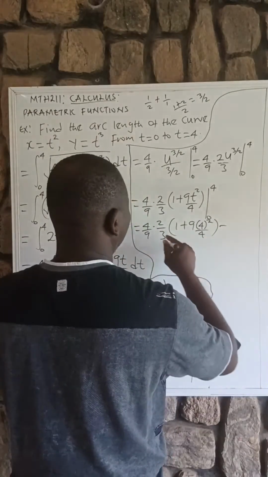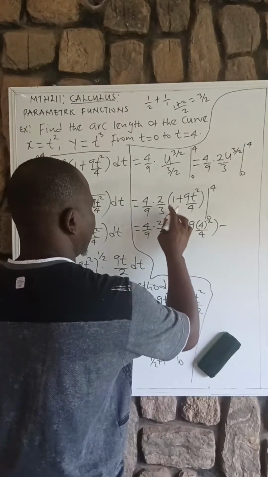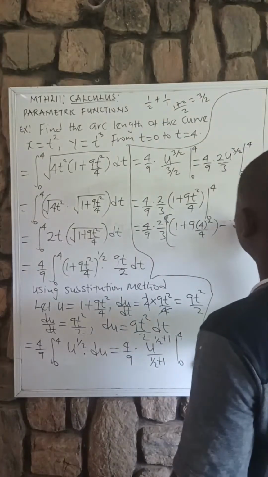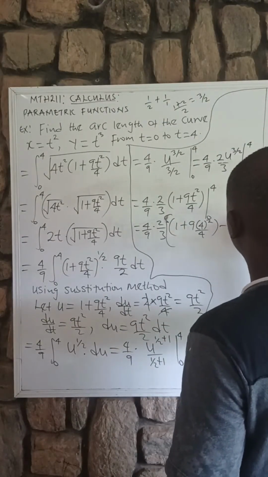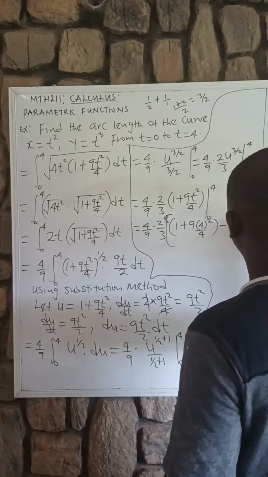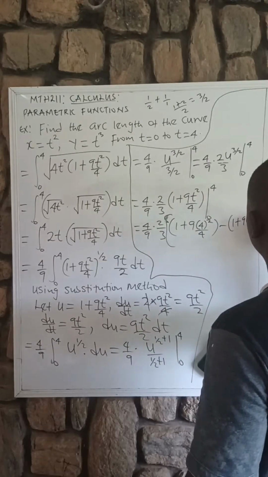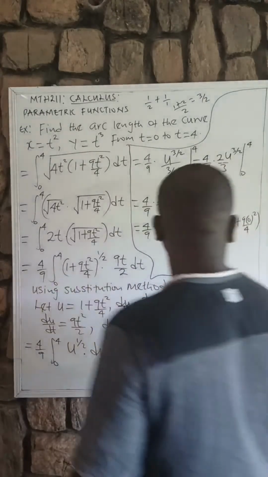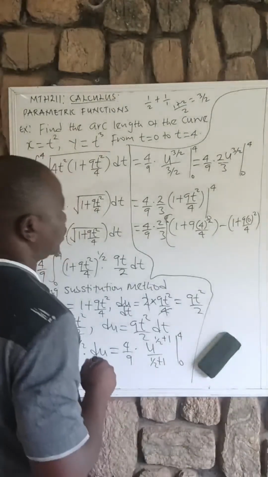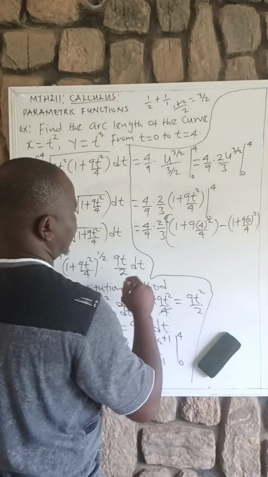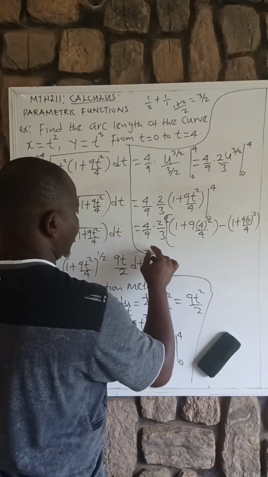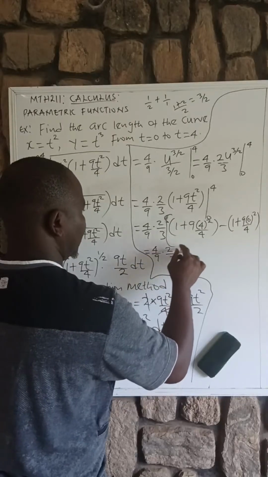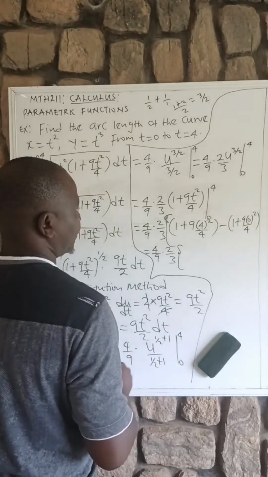Then minus the lower limit, that is open bracket 1 plus 9 open bracket 0. Anywhere you see t is 0 raised to power 2 over 4 all in. So if you can see what I am saying, here we have 4 over 9 times 2 over 3 on the bracket.